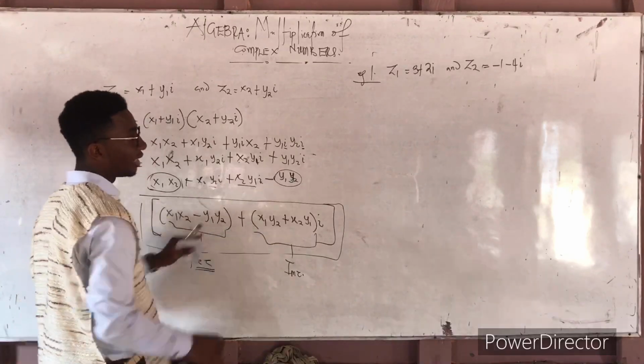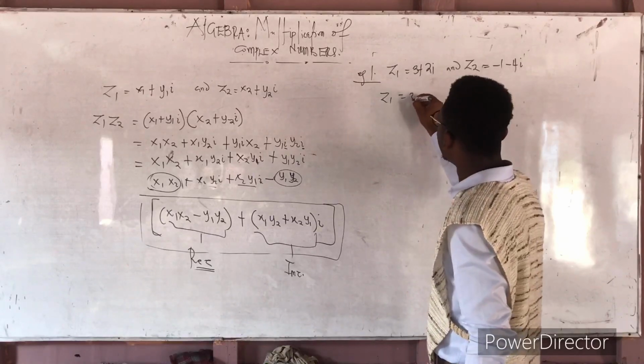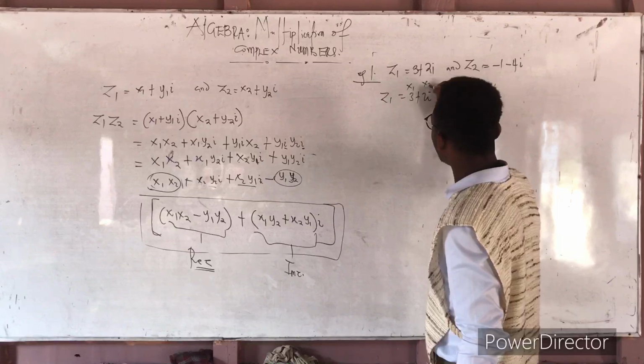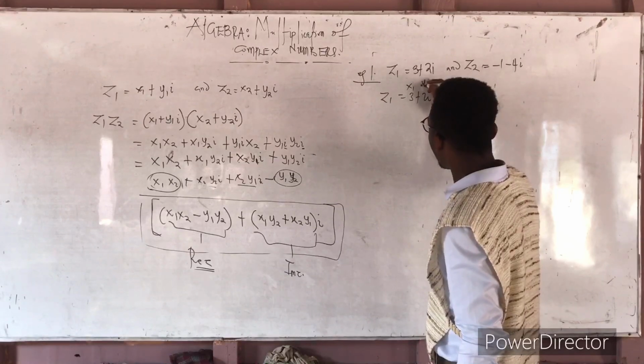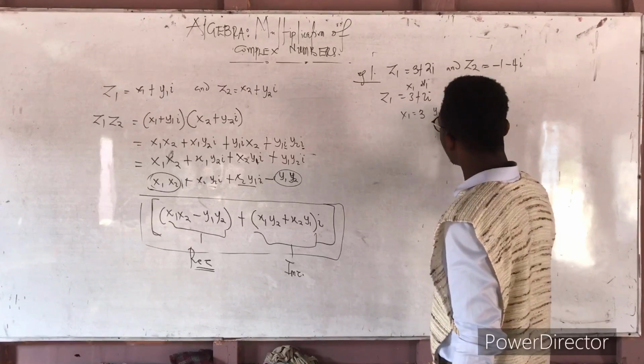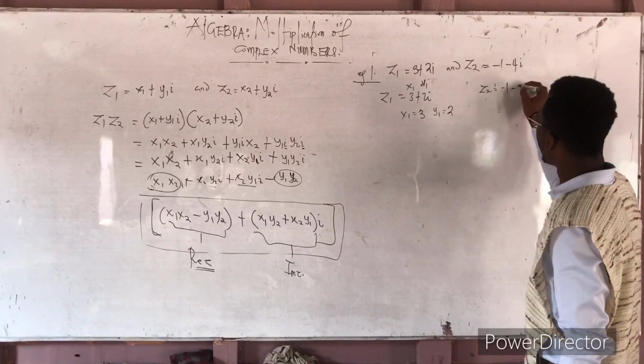So putting this in your head, from Z1 we have 3 plus 2i. Therefore X1 here is 3, and Y1 here is 2. And from Z2 we have minus 1 minus 4i.